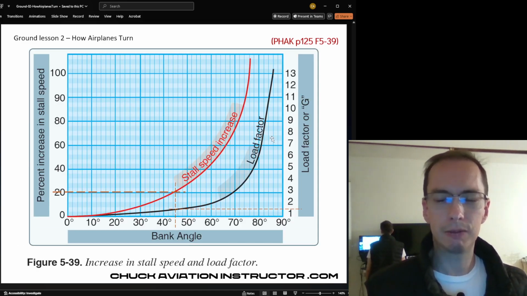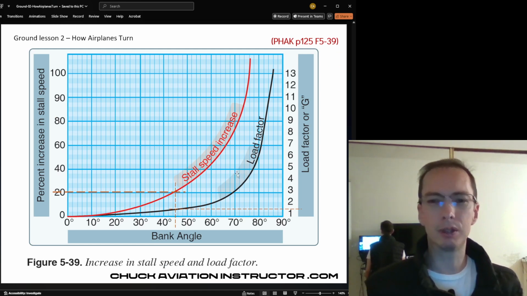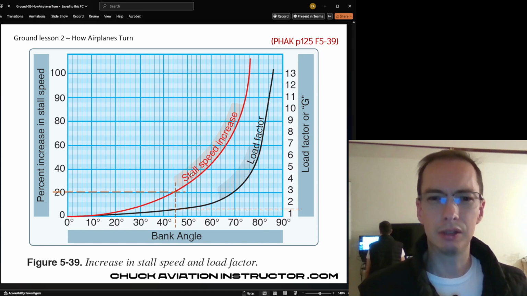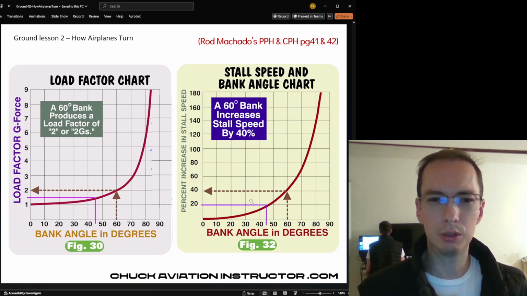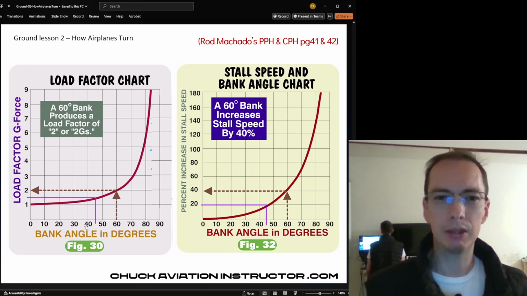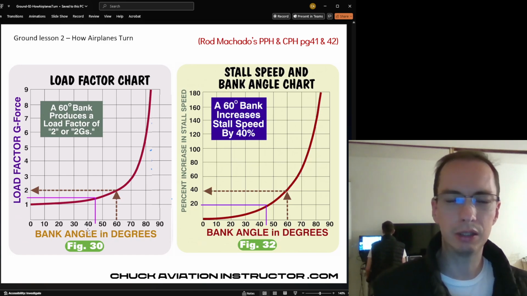And for explaining how the load factor affects stall speed, the FAA has this chart and also has these two charts. So one links the load factor with the bank angle, the amount of back elevator pressure that you need to add for your airplane to maintain altitude at a certain bank angle.